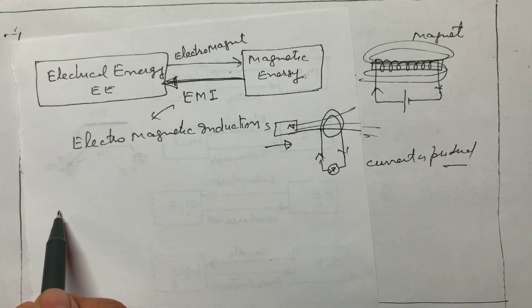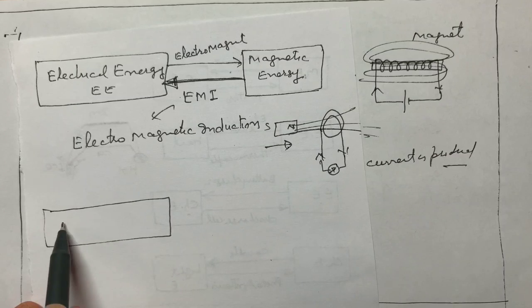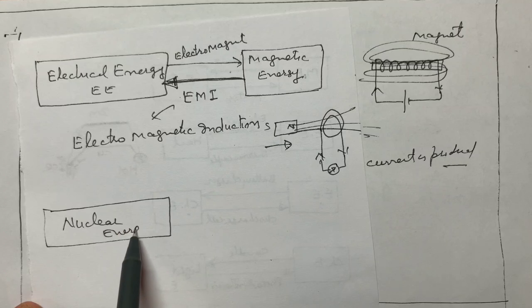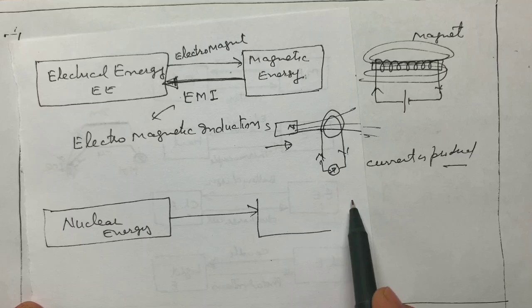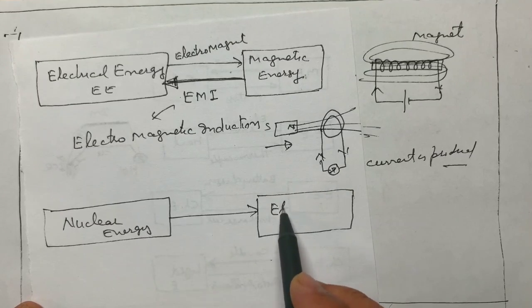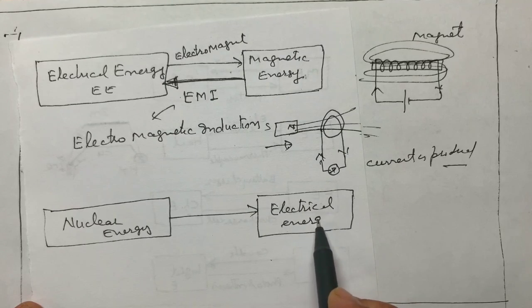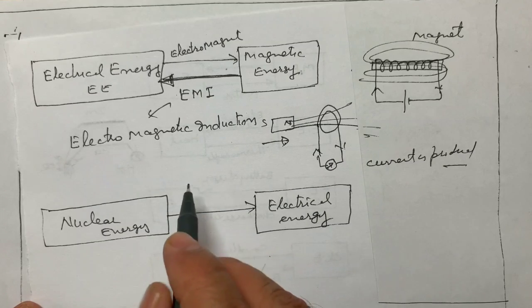There is another type of energy also, like nuclear energy. Nuclear energy is converted into electrical energy. Name the process.